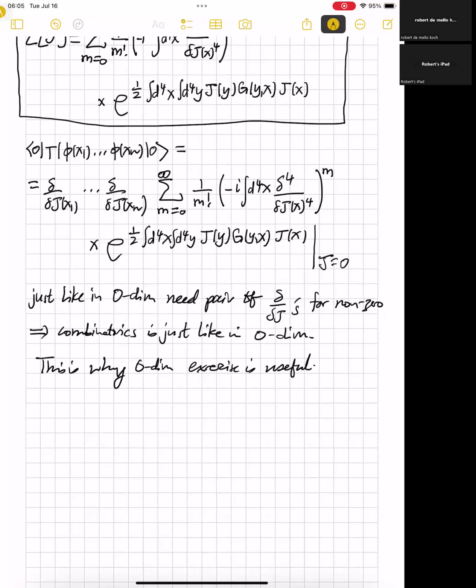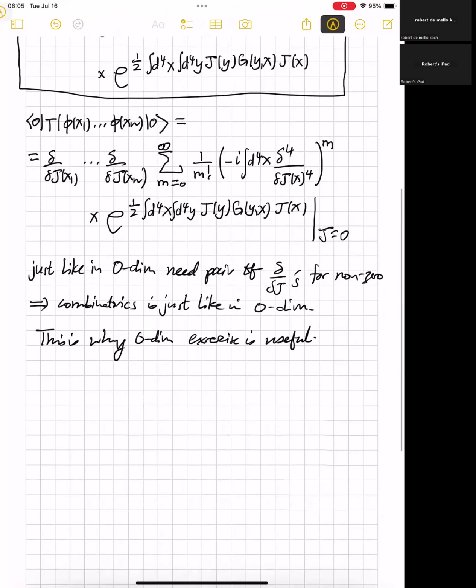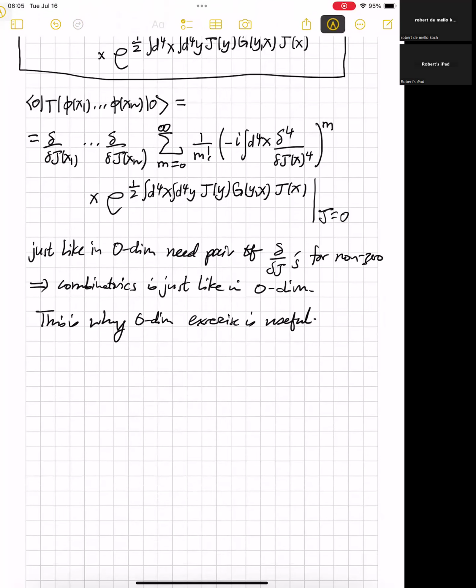Okay? And having done that exercise, we can now simply write down what are the Feynman rules in 3+1 dimensions. So now let's write down the Feynman rules.